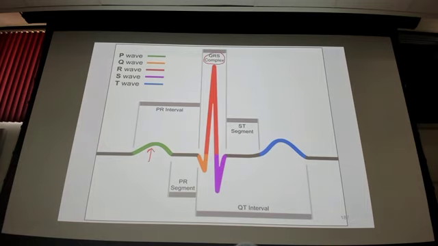Starting ventricular depolarization at the Q wave and ending ventricular depolarization right here. All right, and then this is the beginning of ventricular repolarization, and this is actual ventricular repolarization. All right?